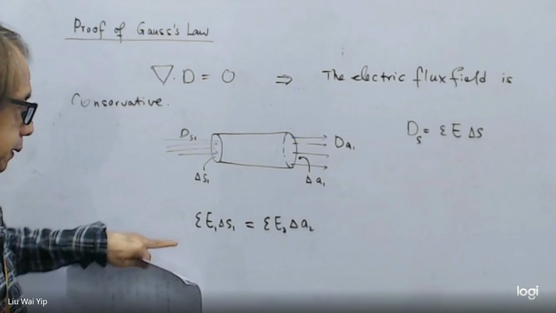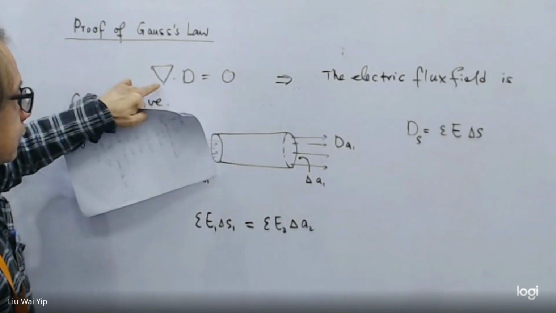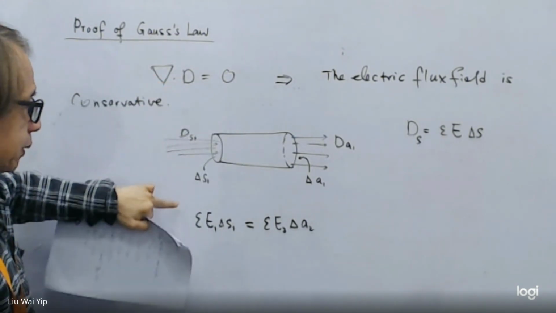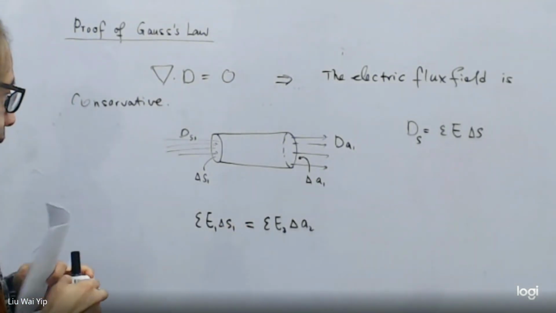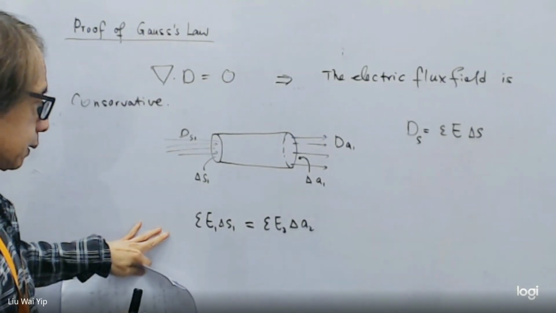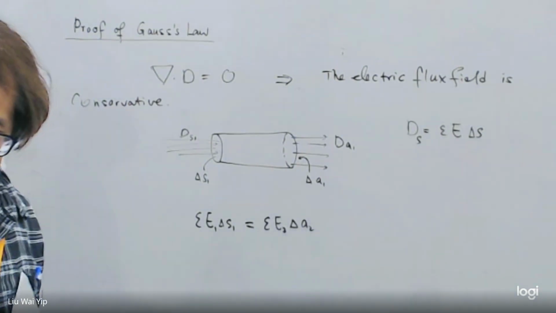So now under the condition divergence of D is 0, then we have this conservative result. So now think about this.